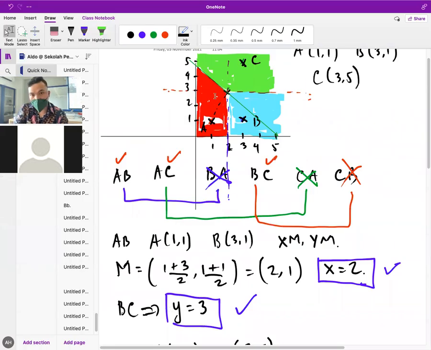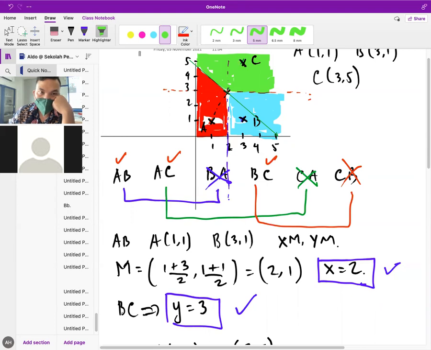This is the problem here. I think 1, 4 is exactly here. It's like on the boundary or the edge between A and C.